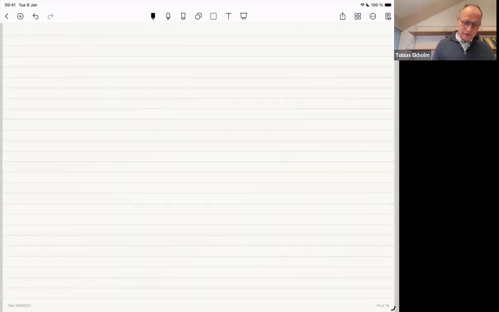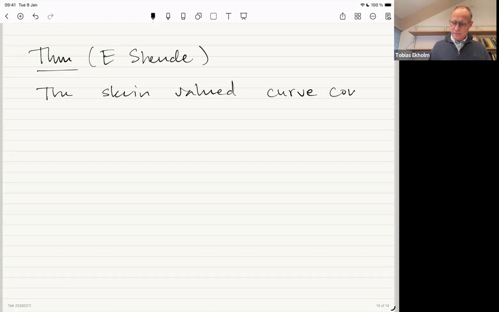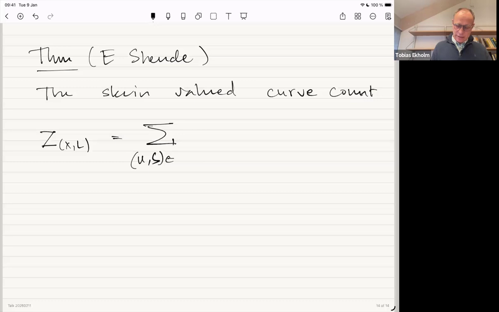So the theorem, and that's by myself and Vivek Shende, says that the skein valued Kerr count, and what is it? Maybe I call it Z of X and L, is equal to the sum over all these things in the moduli space.